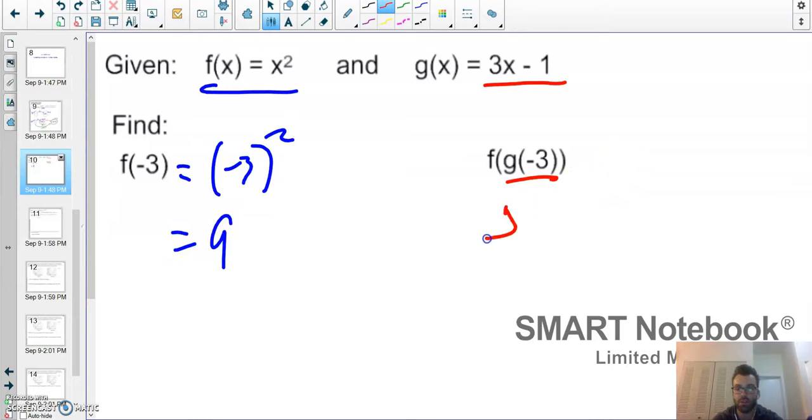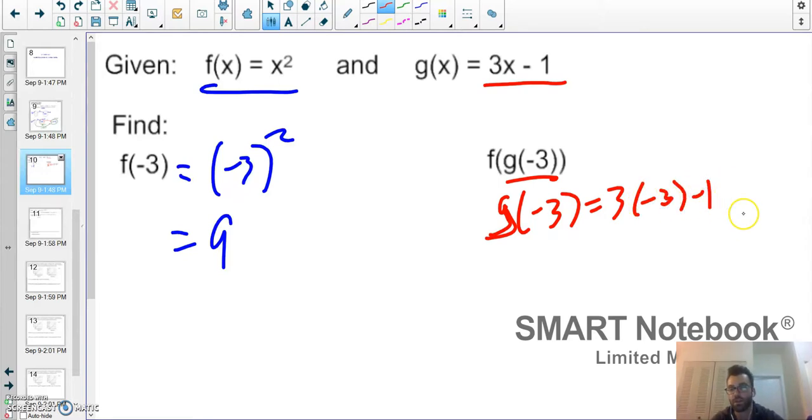G of negative 3, plug negative 3 in here. G of negative 3 gives me 3 times negative 3 minus 1. 3 times negative 3 is negative 9, minus 1 gives me negative 10.